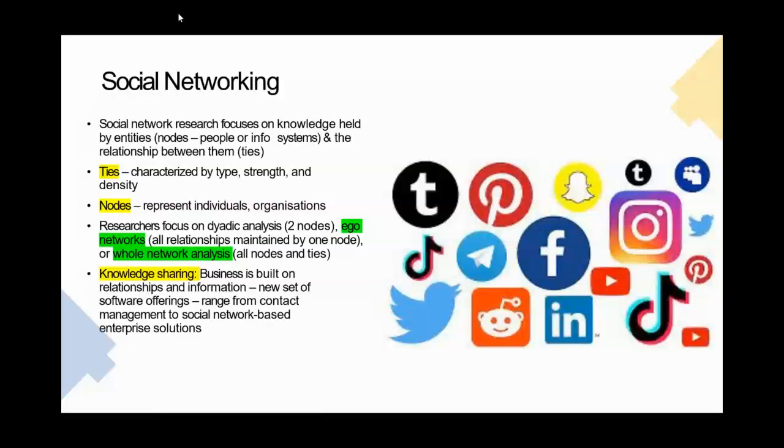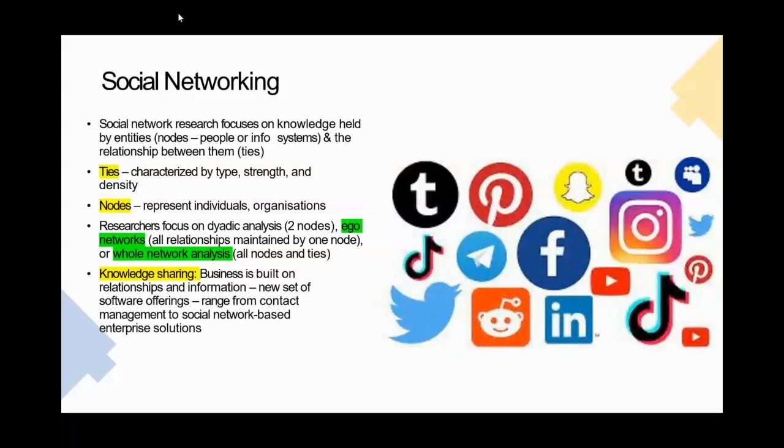Researchers focus on dyadic analysis. So you've got two types of dyadic analysis. You've got ego networks, and this is where all relationships are maintained by one node. And then you've got whole network analysis, all nodes and ties.